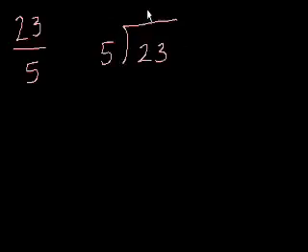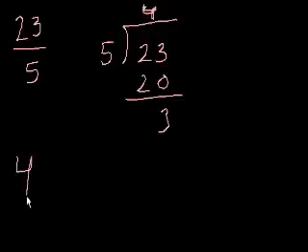Well, 5 goes into 23 4 times. 4 times 5 is 20. And the remainder is 3. So 23 over 5, we can say that's equal to 4, and then the remainder 3 over 5. So it's 4 and 3/5.